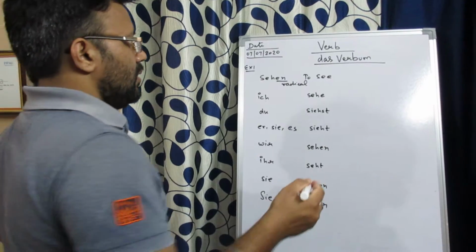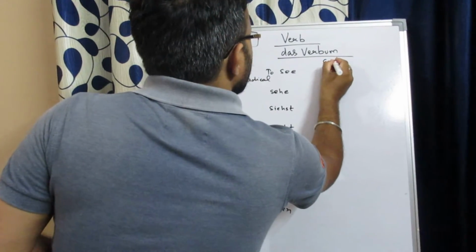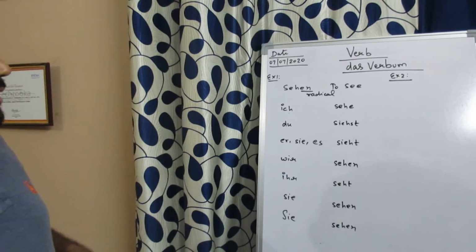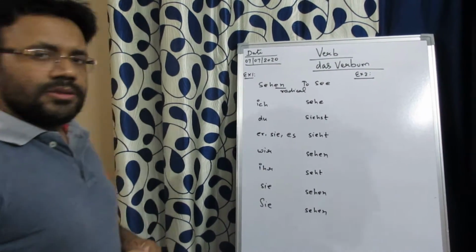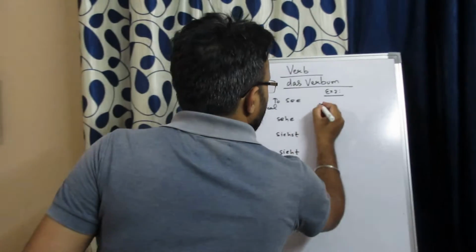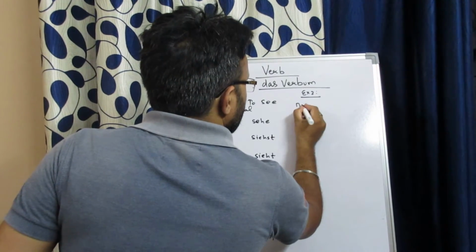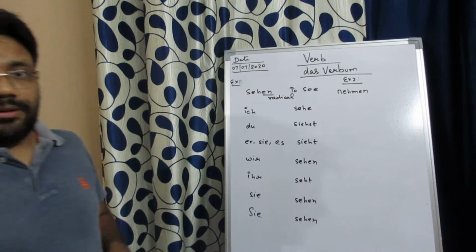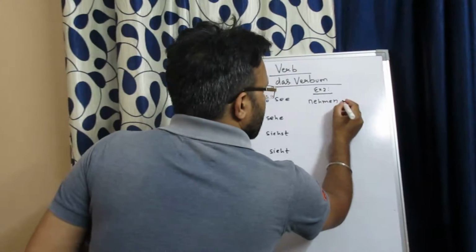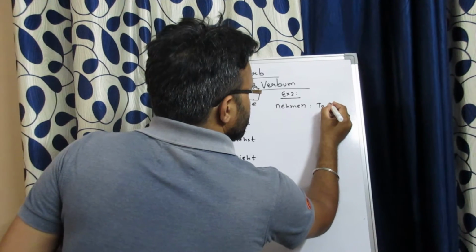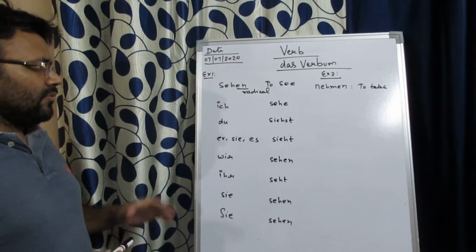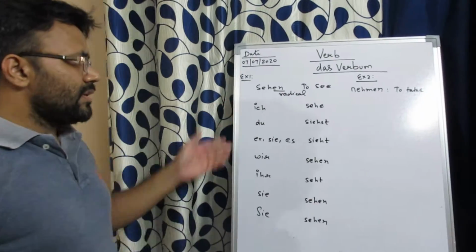Now we take another example, number 2, and this belongs to any verb we may take. Suppose we take nehmen, N-E-H-M-E-N. Nehmen means to take. So what will be the form when we start to write for this?